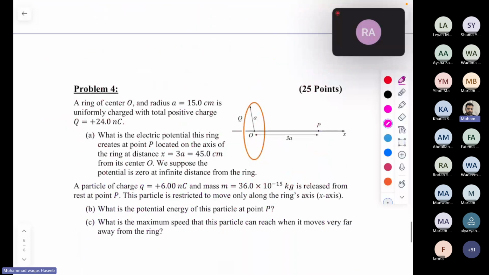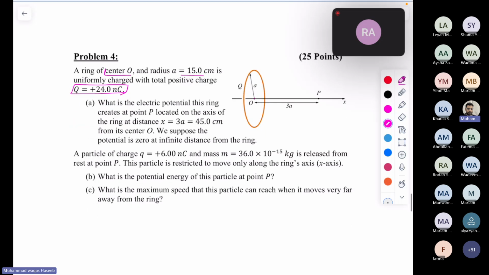Now, the last part of it. A ring of center O and radius a is uniformly charged with a total positive charge, which is 24 nanocoulomb.